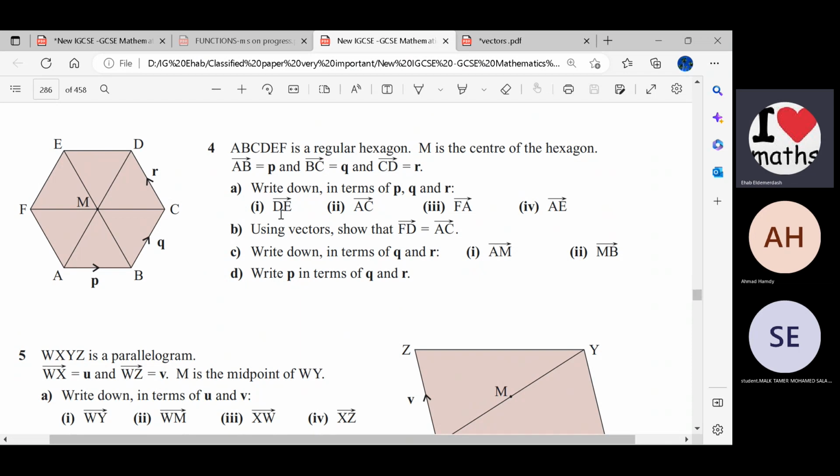We need to express the vector DE. I need to go from the point D to the point E. How can I express this one?